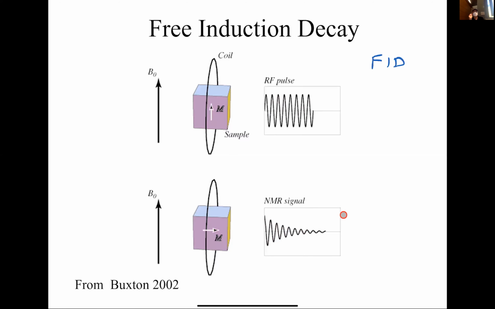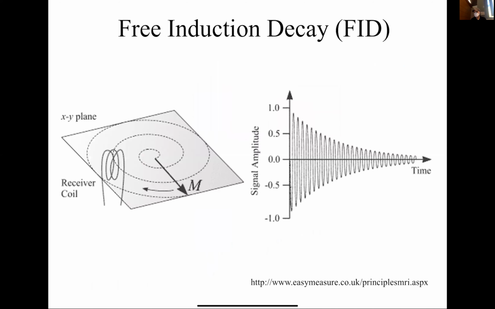Time is a really important element in MR, because you only have that signal for a certain amount of time. And if you don't get the signal before it dies, you have nothing. So the free induction decay is basically just going to look like a decaying exponential.